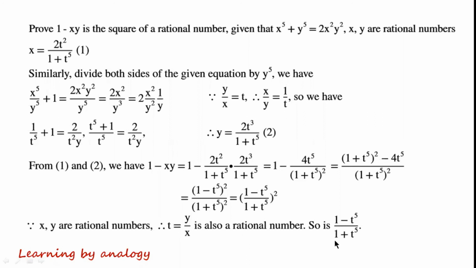So is 1 minus t to the power of 5 over 1 plus t to the power of 5. So 1 minus xy is the square of a rational number. The proof is now complete.